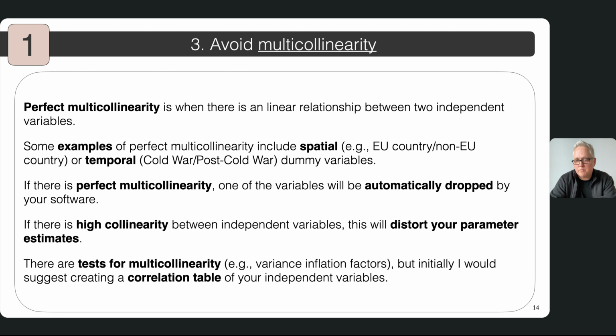After you run it, there are problems and debates about those, but initially, as a first cut, I would create a correlation table of all of your independent variables and look at those Pearson's correlation coefficients, especially ones that are relatively high. Different people will have different thresholds for that, but above 0.8, I would look at them quite closely.